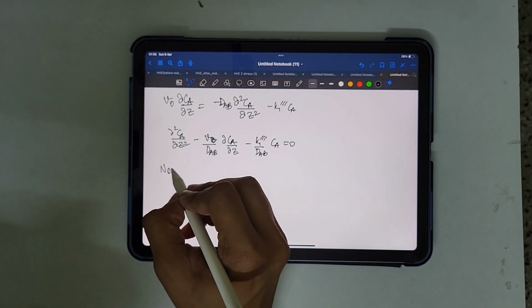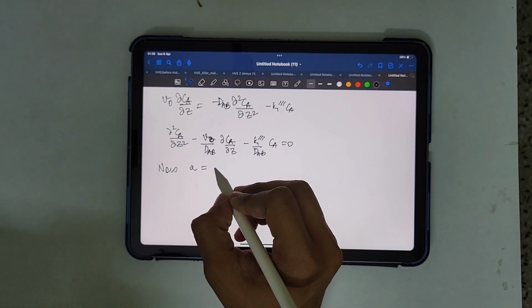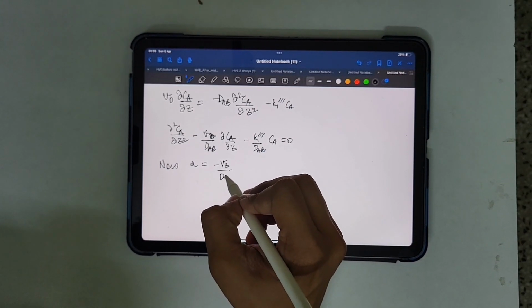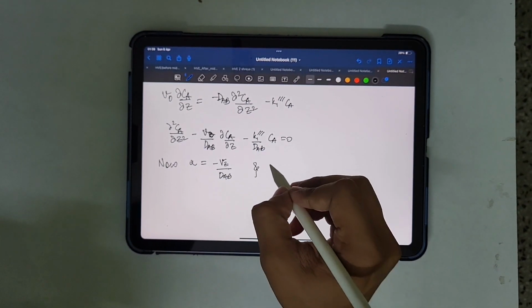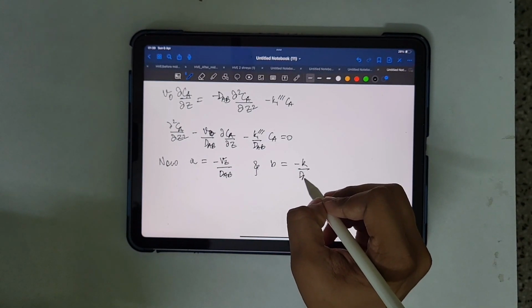Now let us assume that a, which is a constant, is equal to minus V0 by DAB and b is equal to minus K1 triple prime by DAB.